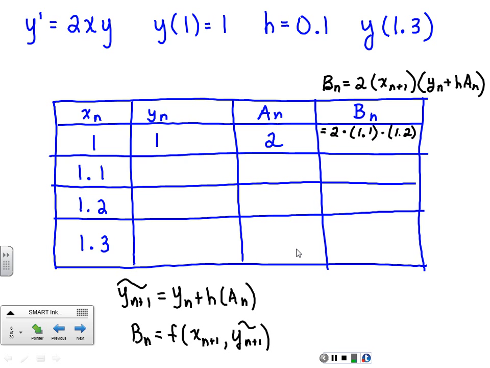What do you get there when you multiply that together? 2 times 1.1 times 1.2. What'd y'all get? 2.64? Me too. Okay.